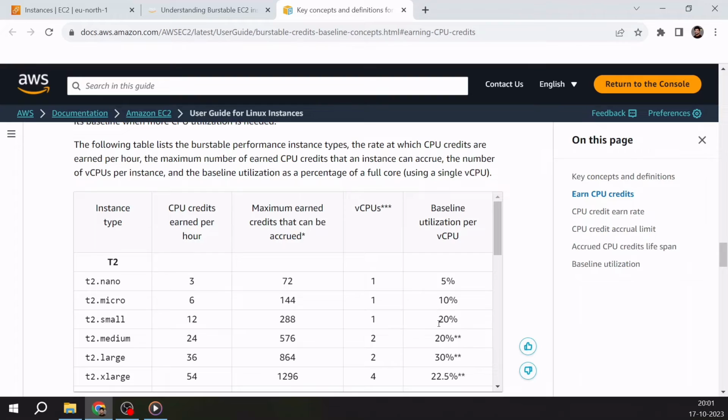Okay, so this is how burstable instances work. And why do we call it a burstable EC2 instance? Because when your CPU utilization bursts, it can use those credits which it earned when your system was underutilized. So that's why it can handle that burst. That's why these instances are called burstable instances.